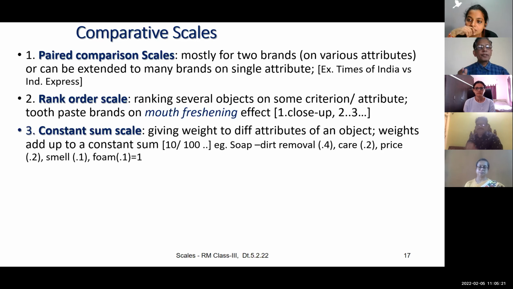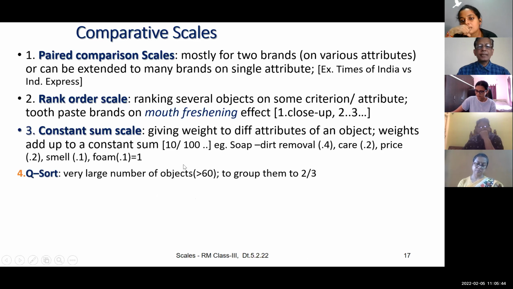Okay, 100% or 1 if you add the fractions. Is that okay? So you put different attributes and ask them how they rate it. So you can also think of devising a technique of constant sum scale.